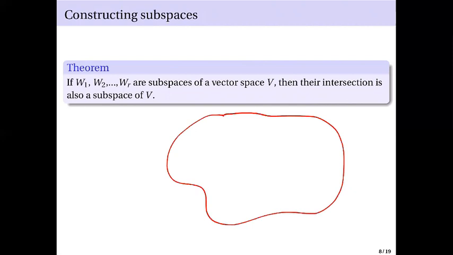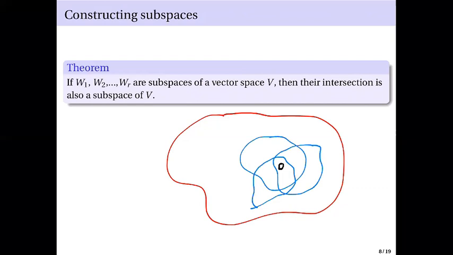Take note, W1, W2 until Wr are all subspaces of V, meaning all of these contain the zero vector. Say this is your zero vector. Maybe this is your W1, and probably this is your W2, this is your W3.